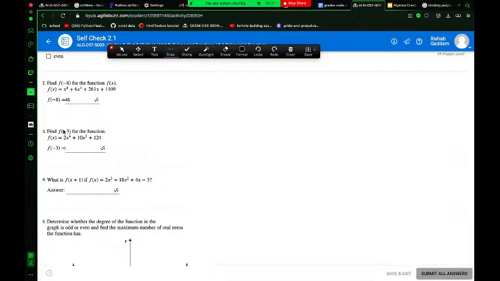You're trying to solve the function for some value. Right now this value is -3. There's an f of x over here, and x is the variable that they use.